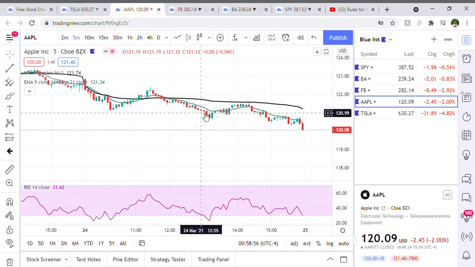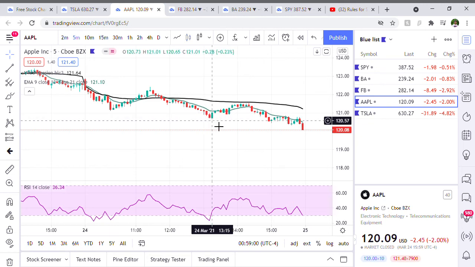So I get my entry over here at 120.90, and within 10 minutes I get a low of 120.65. The other stocks which we have seen, we got 50 cents on a 300 stock. This is Apple, it is just $120, so we got a great move. Again, around 50 cents you got the move if you have traded over here.